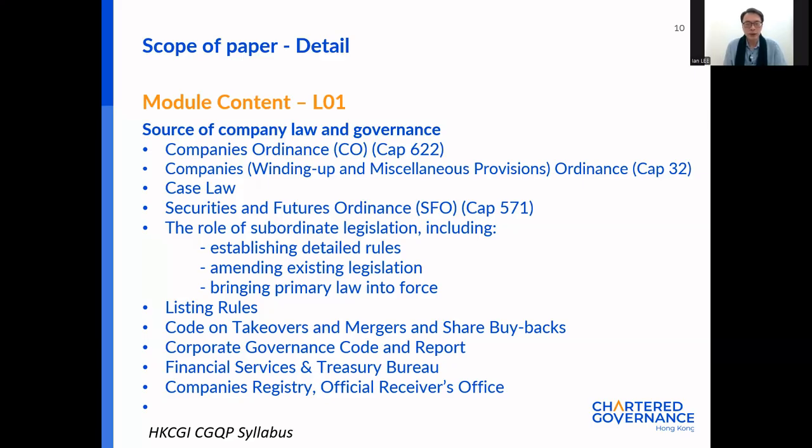Now, that's just the first two rows. Let's continue now to the third one, case law. I talked about this briefly just before. So these are all the decisions of the different courts on these company law or related topics. Of course, there are hundreds, if not thousands, of court cases and court decisions. Probably not possible to memorize all of them, but I think also not necessary.